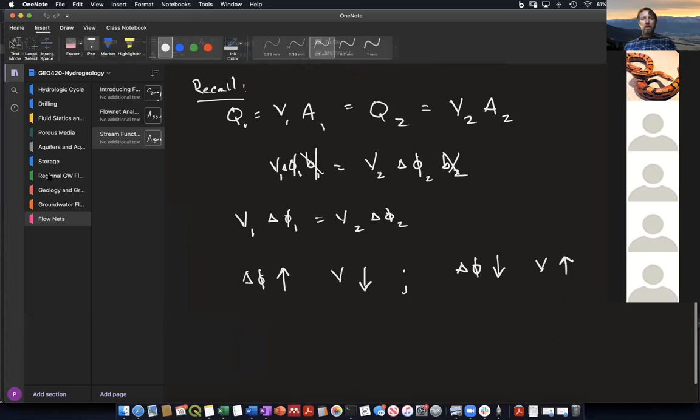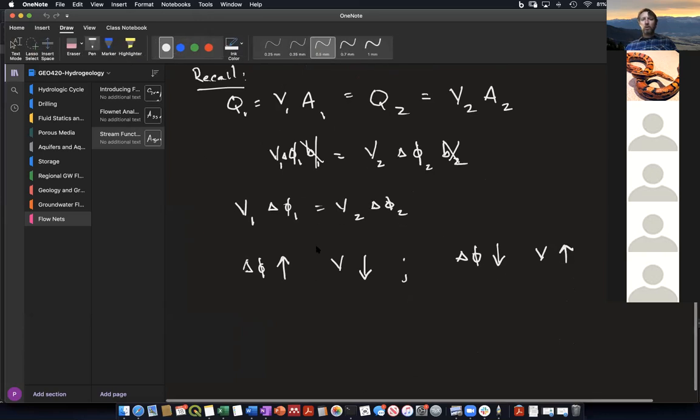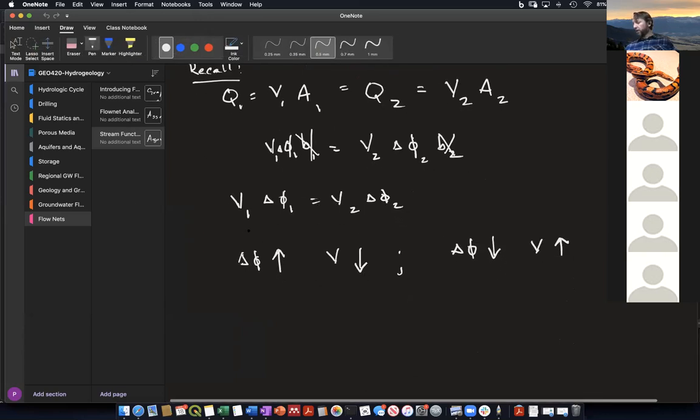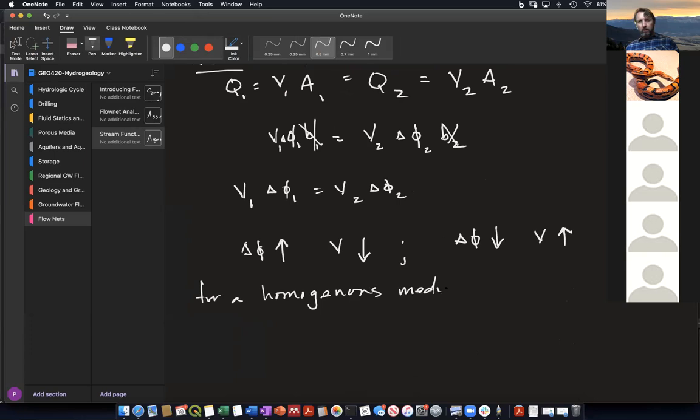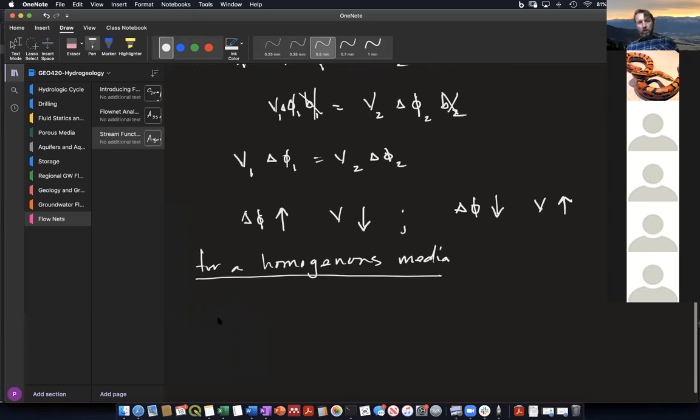So take this relationship one step further. We can say for a homogeneous media, our Darcy flux is equal to negative K dH dx.